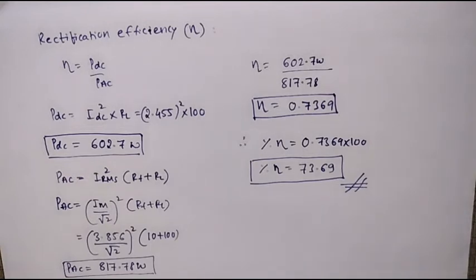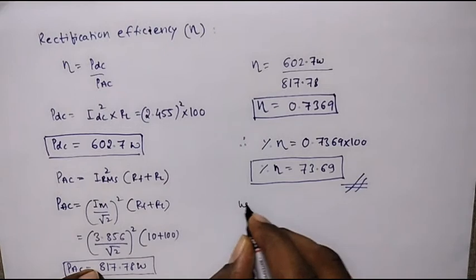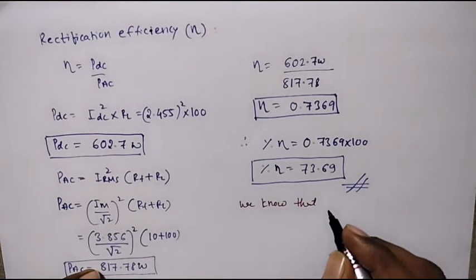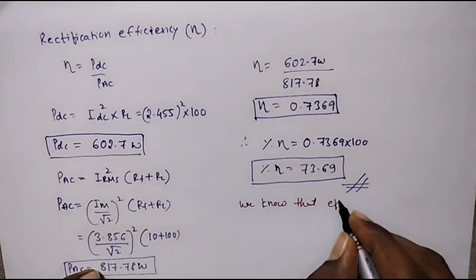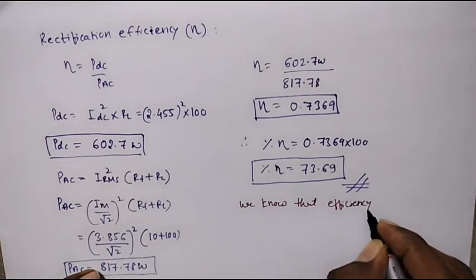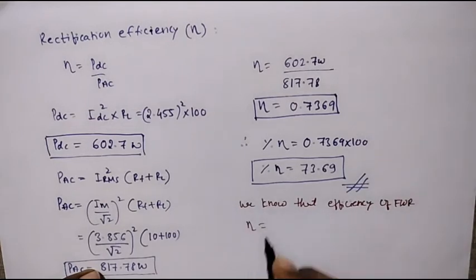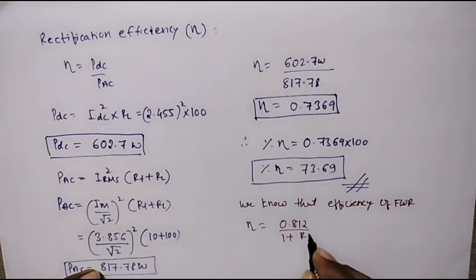We can also find the efficiency by another method, as we know that the efficiency of a full wave rectifier is given by 0.812 divided by 1 plus RF by RL.